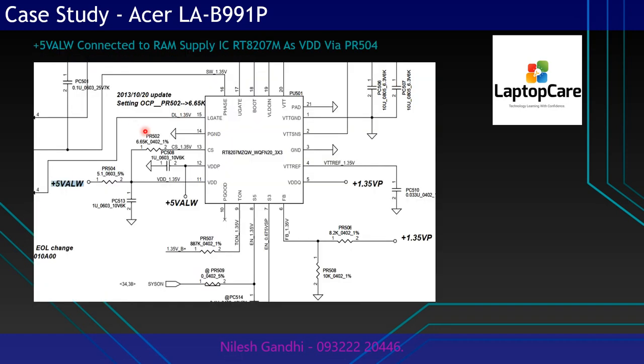We can see here this plus 5 volt always is going to this particular RT8207M, that is the memory supply IC, and it is pulled up via a resistor over here, and at many places this 5 volt always is getting pulled up via a 100 ohm resistor.